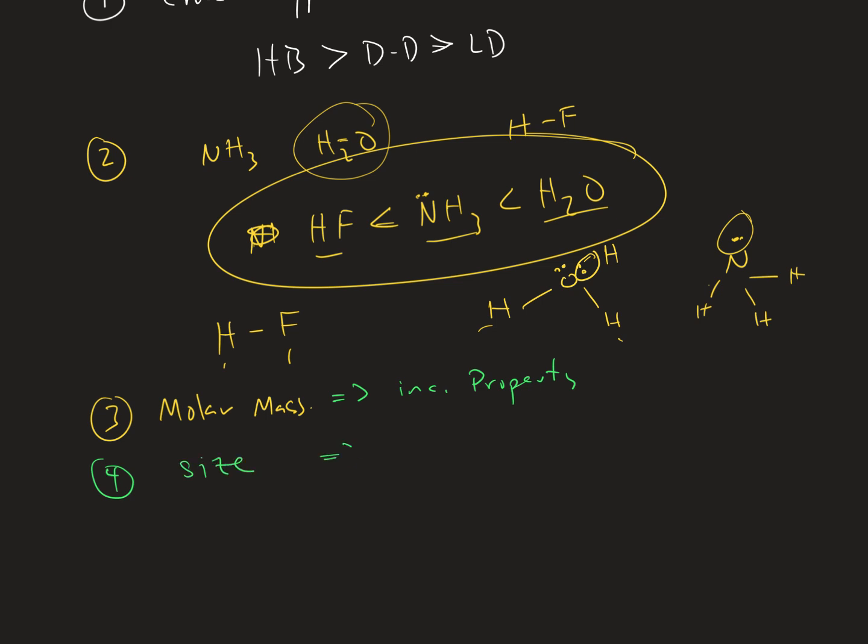Larger size increases the property, like we dealt with oil and water. And then, of course, polarity. If you have two molecules that are dipoles, but one of them has a stronger difference in electronegativity, that one's going to have the higher property. Does that make sense?